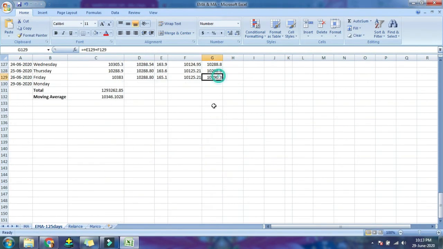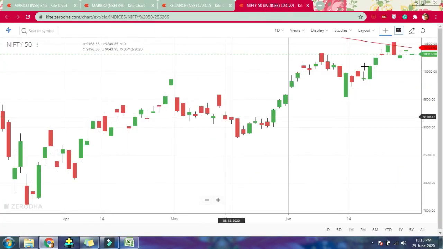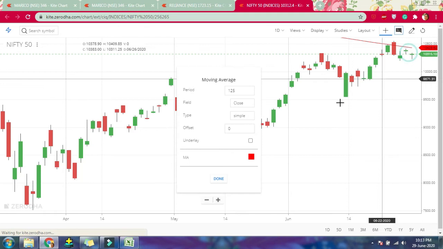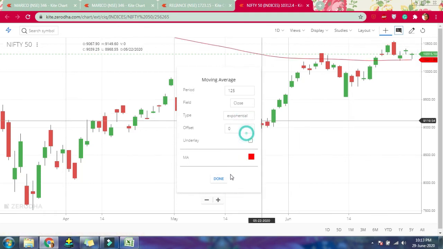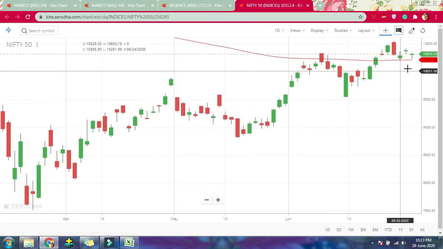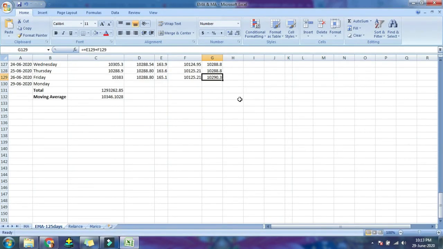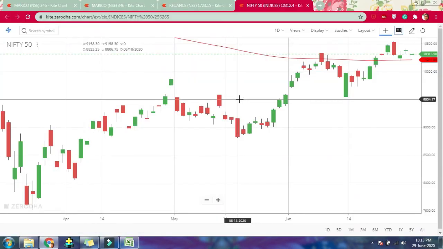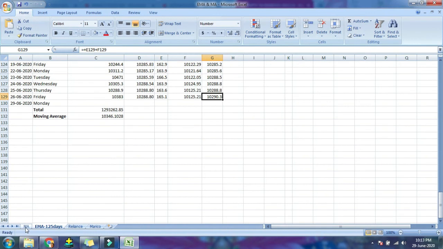And for Nifty 50, in the Excel sheet it's 10290.3, and in the charts it's 10211.96. I literally went deep into this.